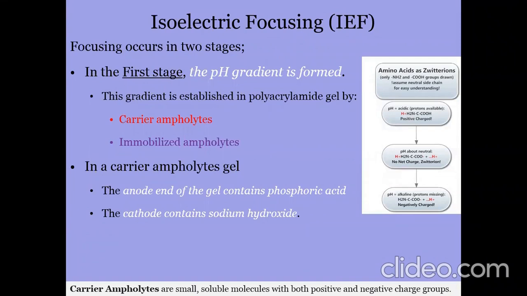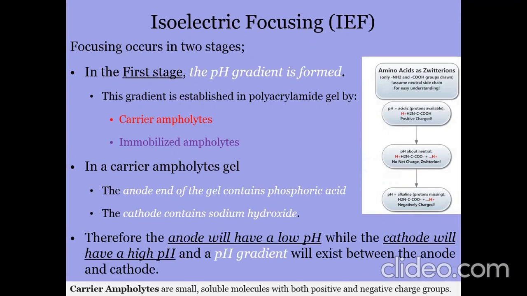In this way the gradient will be created once the electric field is applied. Therefore the anode will have low pH while the cathode will have high pH, and the pH gradient will exist between the anode and the cathode.